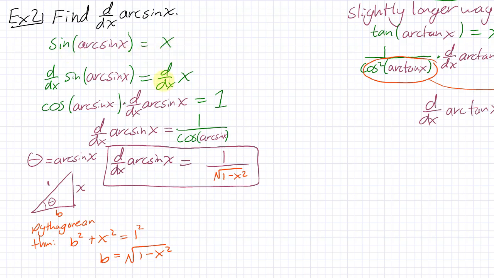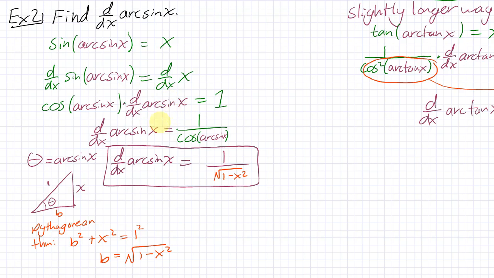Then I took the derivative of each side, and taking the derivative of each side allows you to use the chain rule here, because the derivative of the outer function is just cosine of the original arcsine of x inner function. Then that needs to get multiplied by the derivative of the inner function, and that gives you this equation here that has this derivative in it that we want.